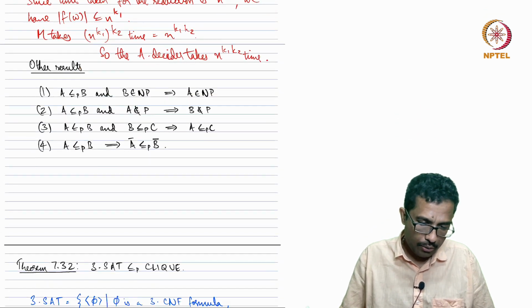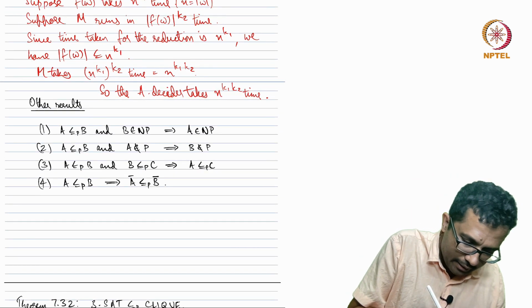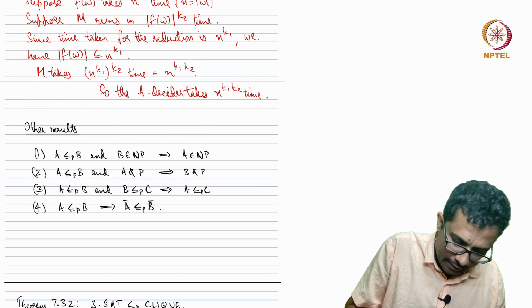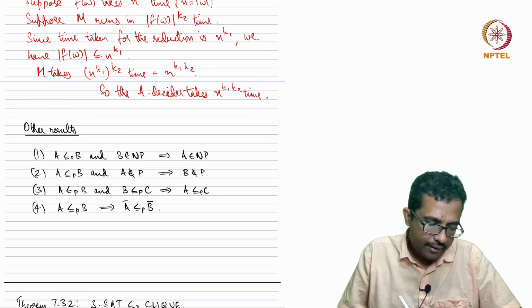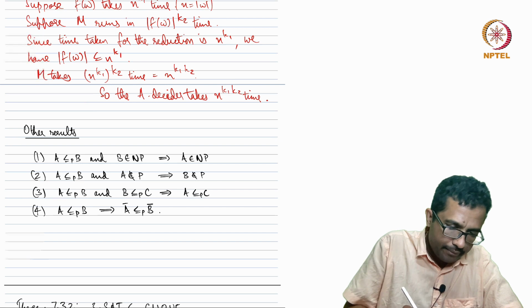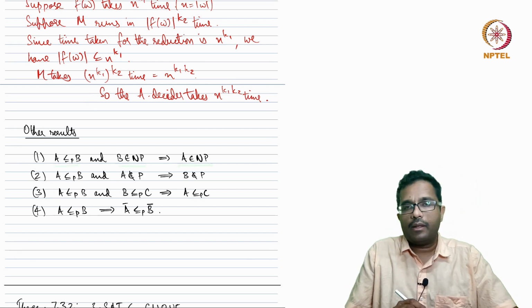Now, briefly, some other results that I'll mention. One is that if A reduces to B in polynomial time and B is in NP, then A is in NP.